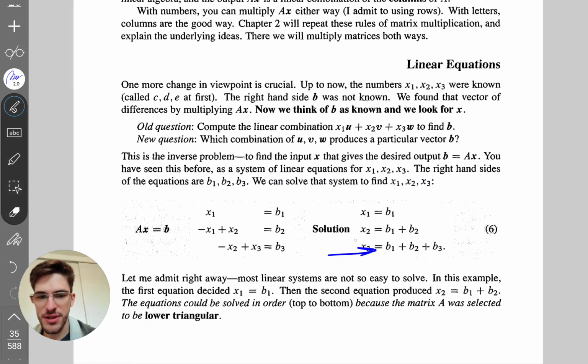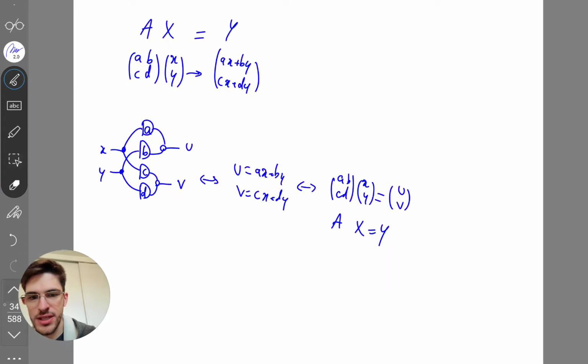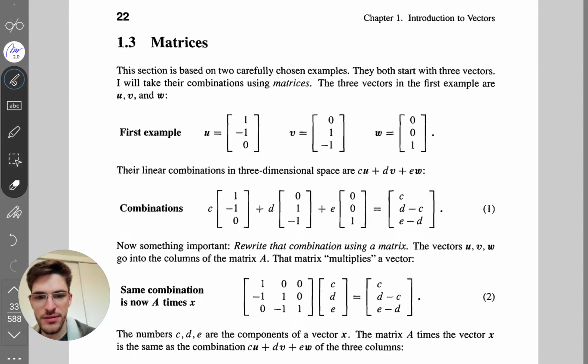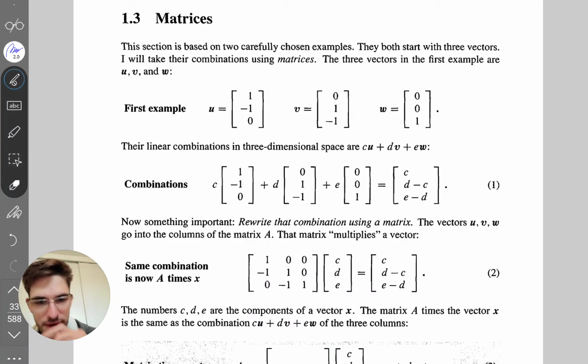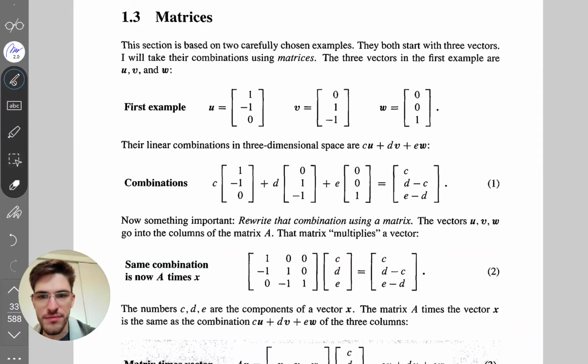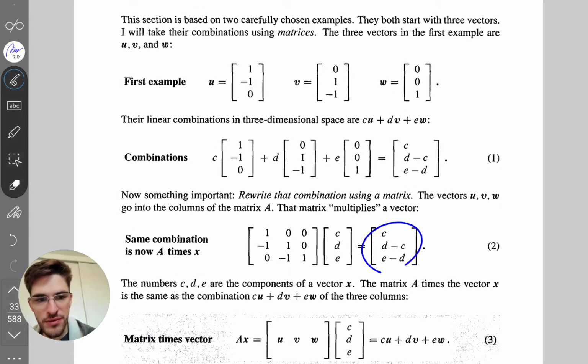Here we can find it, because it's a lower triangular matrix. What's a lower triangular matrix in graphical land? That's a good question. Let's write this matrix. This is a fun one. What I found most helpful is reading this bit, because we've got C, D, E as the inputs, and I want to compute the outputs.